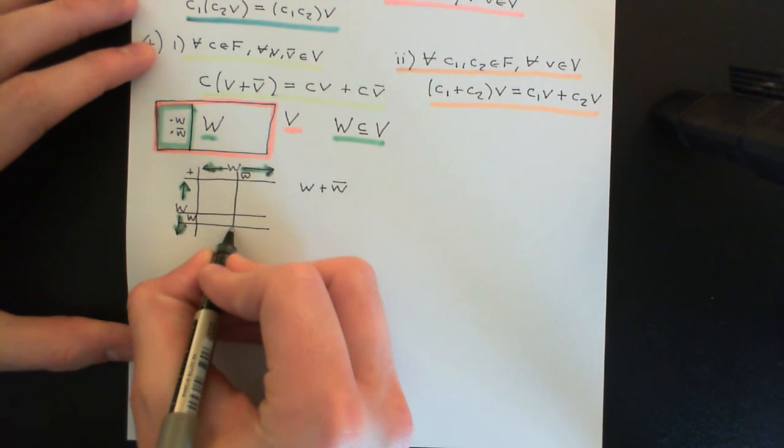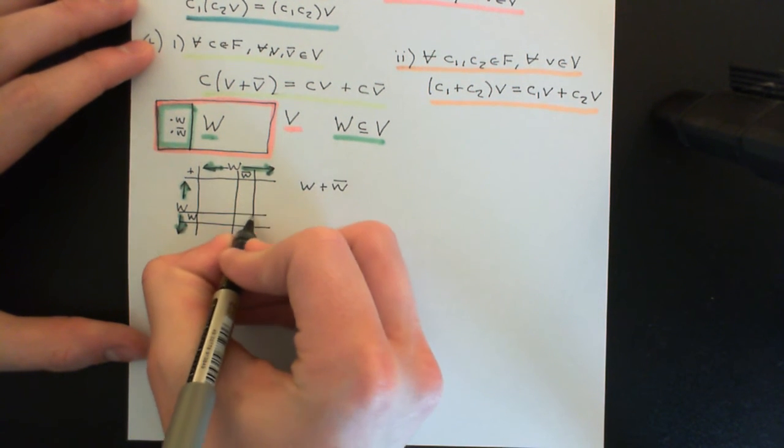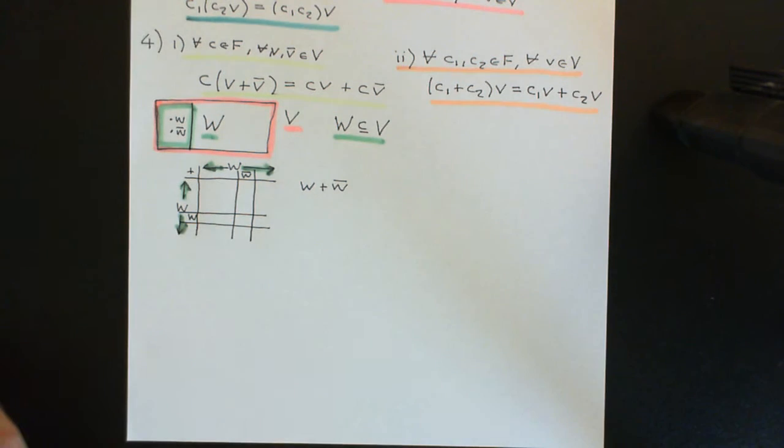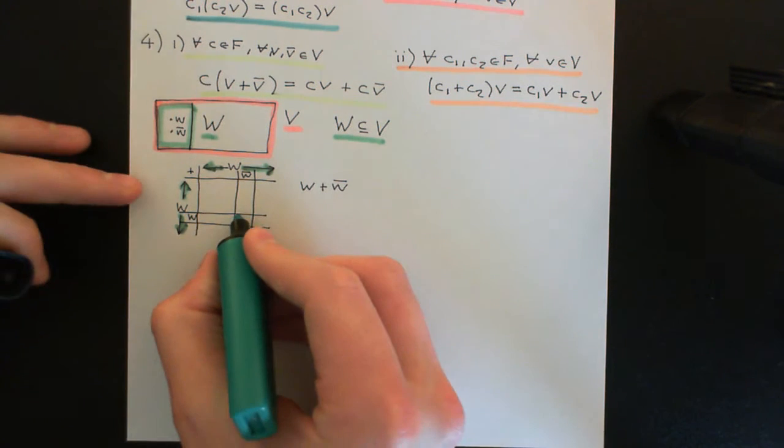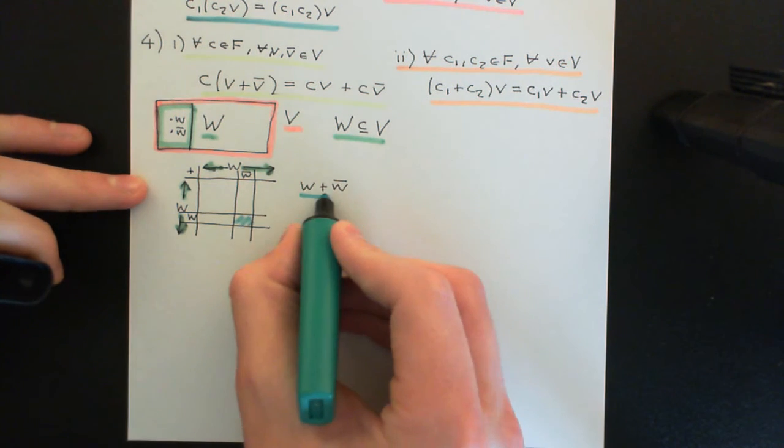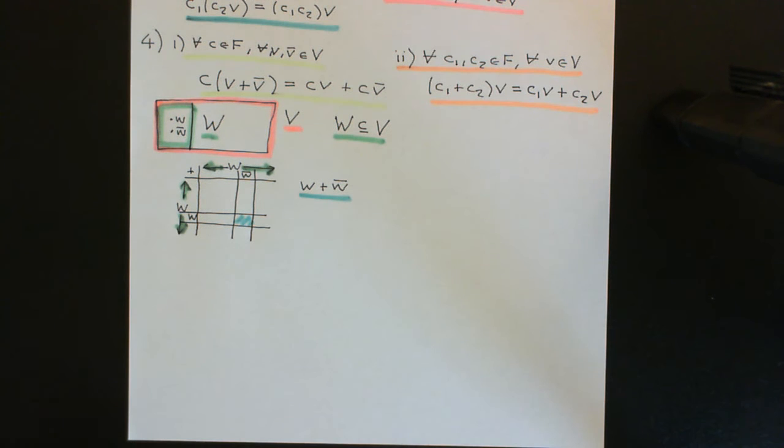We'll take the row corresponding to w and the column corresponding to w bar. So w plus w bar will be the entry here in our addition composition table. How am I going to define this?